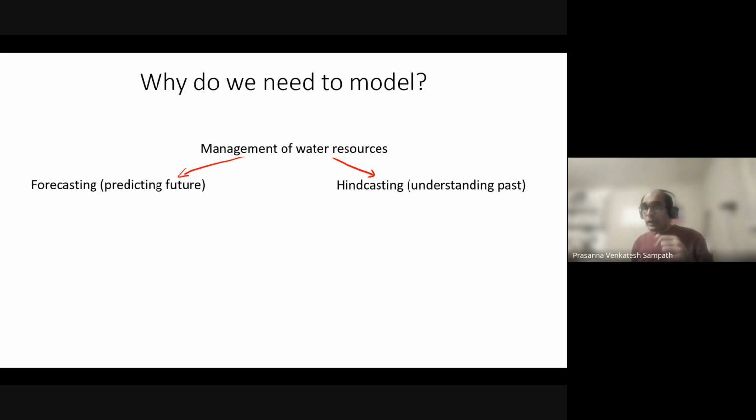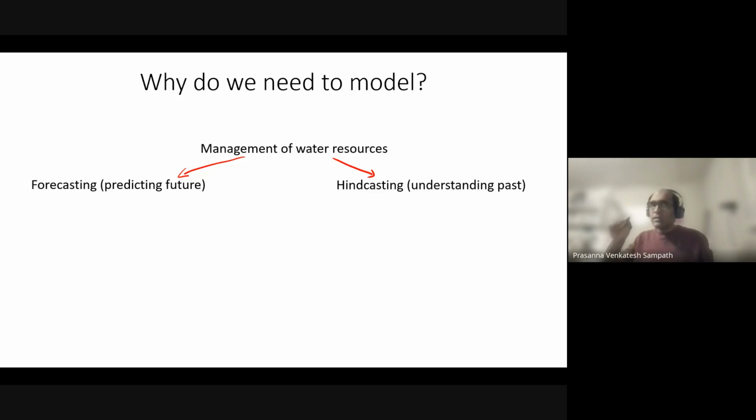Now, for me to predict where that contaminant came from, I have to know what happened in the past. So, for example, I develop a groundwater model for that particular region, and then I have to track the water backwards from my well and find out where it came from, right?